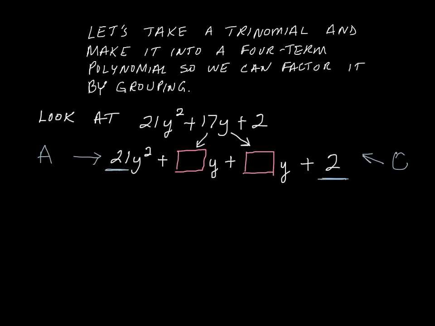What you do with the A and the C is you multiply them together, considering the signs and all. 21, the A, times 2, the C. Well, what's 21 times 2? 21 times a positive 2 is 42.